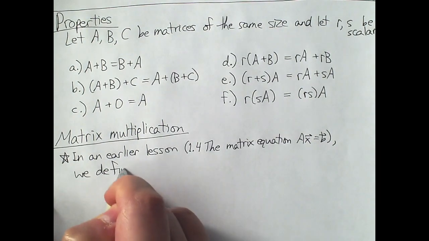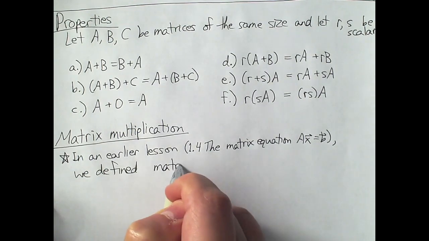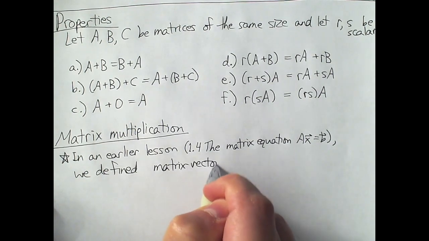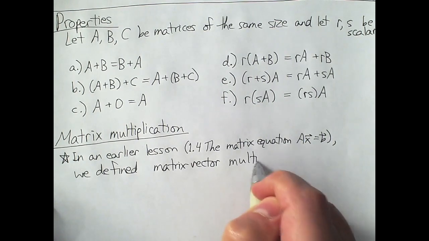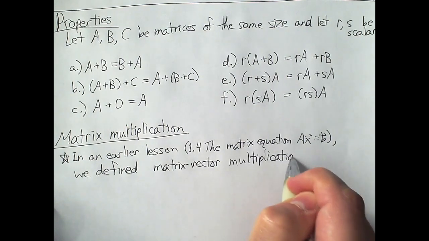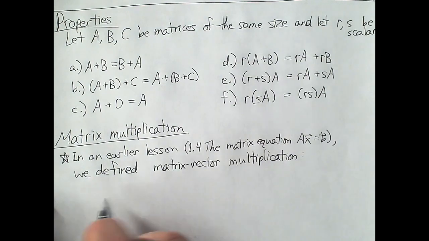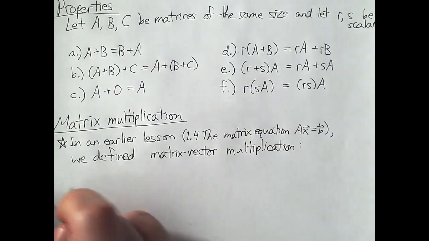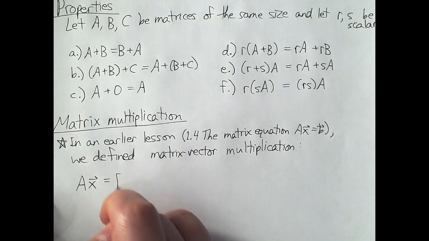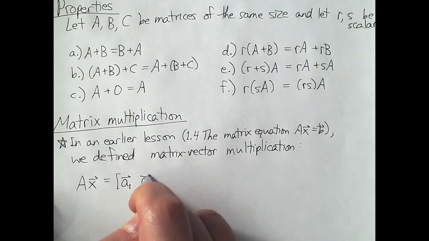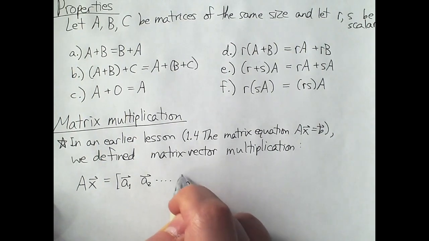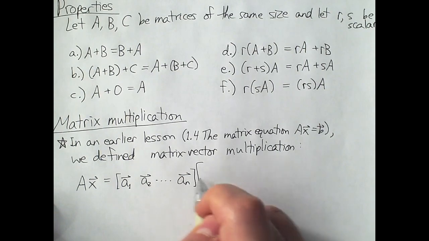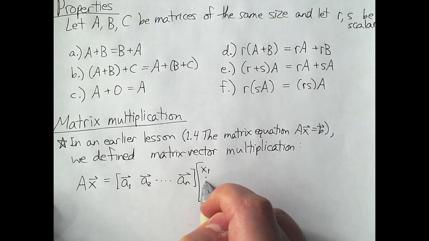We defined matrix vector multiplication, meaning a matrix times a vector. And we defined it as A times X equals first column of A, second column of A, etc. You just think of it as its columns, and then X is composed of, we'll say, n entries.